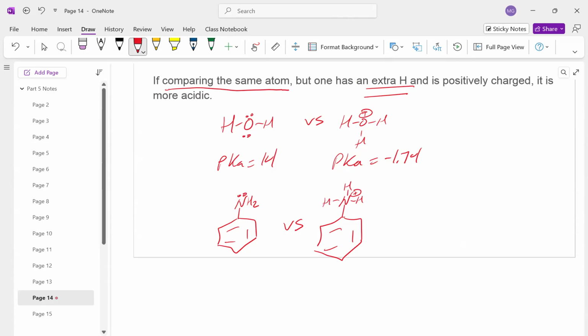So notice the one on the right has an extra hydrogen and a positive charge. The pKa for this compound is 4.63. Compared to the one on the left, the pKa is about 30.